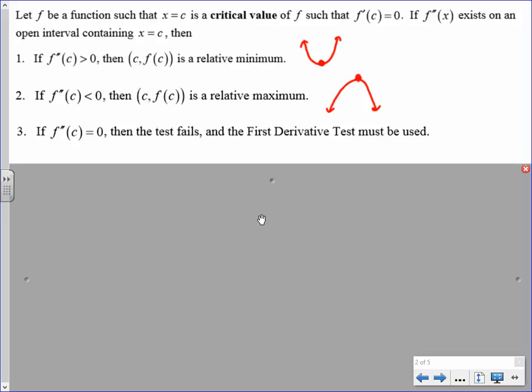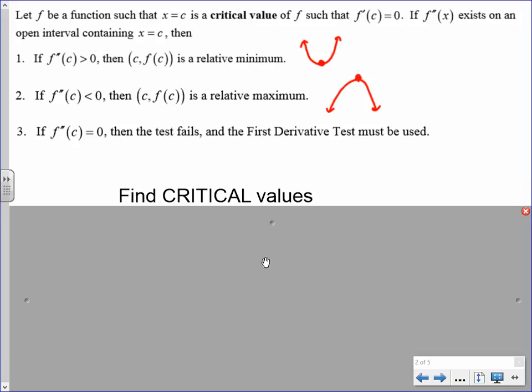Okay? So here are the steps that I would like you to take in order to use the second derivative test to find relative extrema. First of all, you're going to need to know your critical values. That's going to be true no matter what test you are using. Your critical values are where we have potential minimums and maximums.